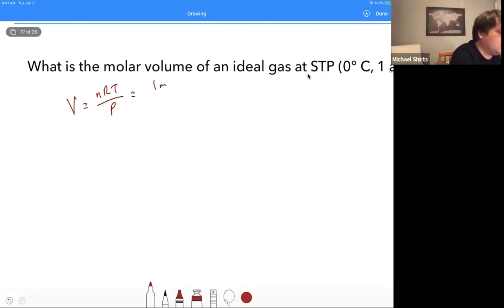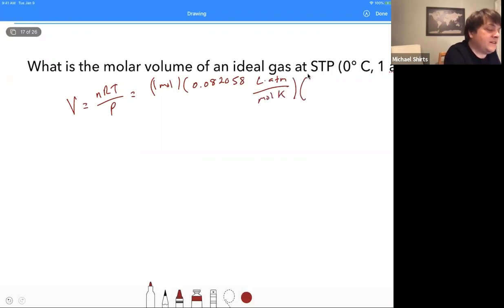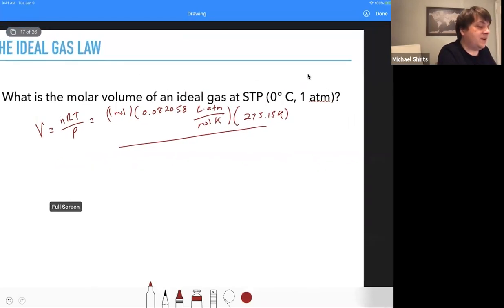So 1 mole, and then we have our pressure in atmospheres. So we should use the gas constant at 1 atmosphere: 0.082058 liter atmospheres per mole Kelvin. And then 0 degrees C is 273.15 Kelvin. And that's all divided by, STP is defined at 1 atmosphere.